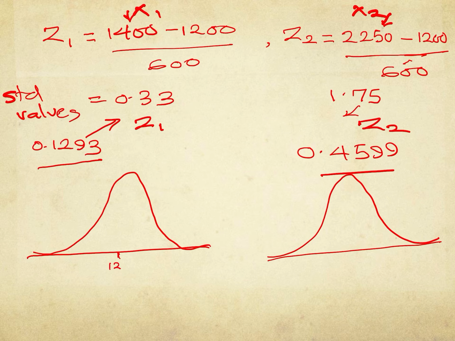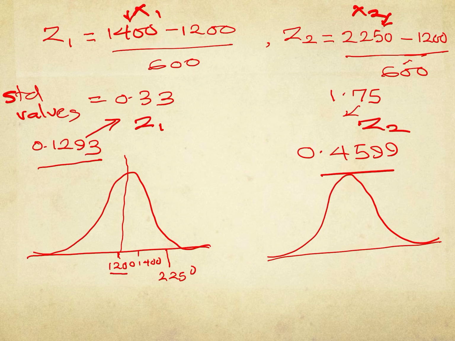So 1200 will be here in the middle. And then you remember we have two X values. X1, 1400, since it's greater than 1200, will be somewhere here. The other one, 2250, will also be somewhere there. So those two values are there.